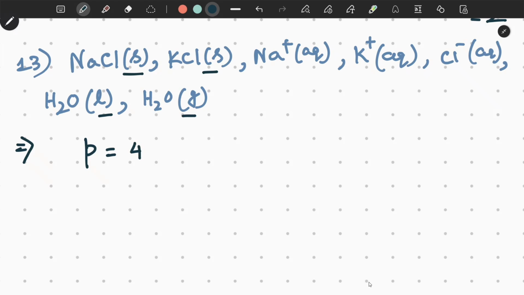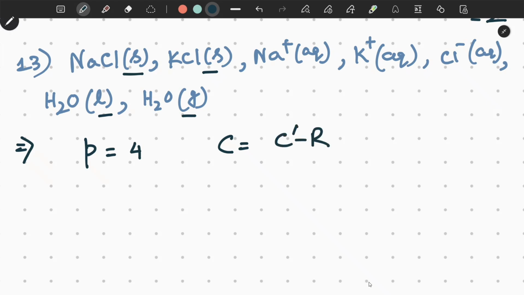Great. Now components. 4 total, minus 1. How?